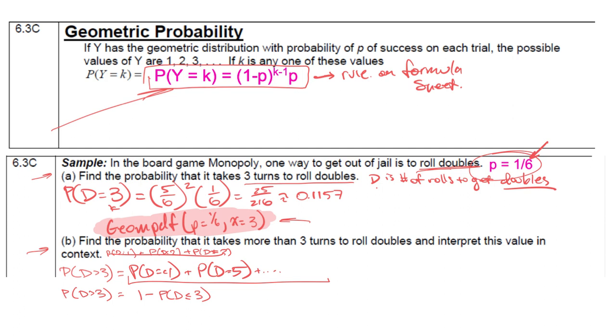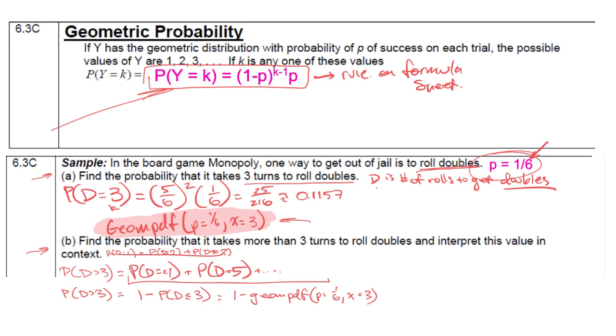And all these add up to 1, even though it goes to infinity, they sum to 1. So this is just going to be 1 minus geometric PDF of p equals 1/6, x equals 3.